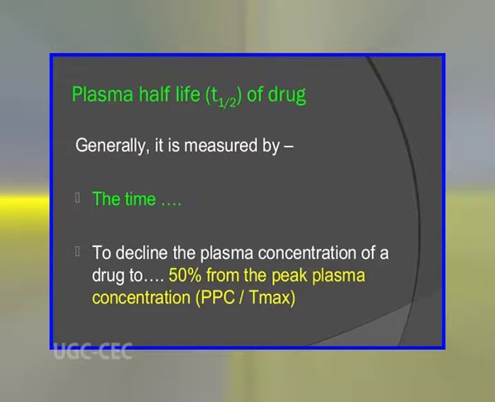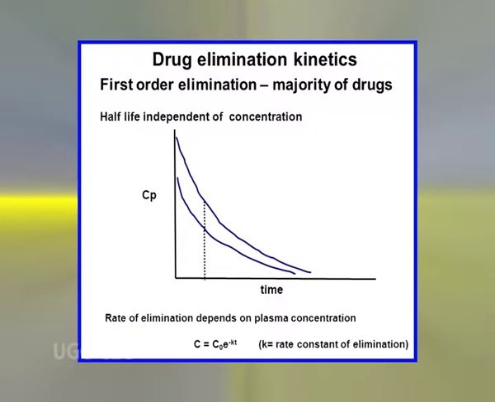These drugs have a constant plasma half-life. Elimination of most drugs follows first order kinetics. In this case, the processes involved in removing most drugs are non-saturable over the clinically obtained plasma concentrations.